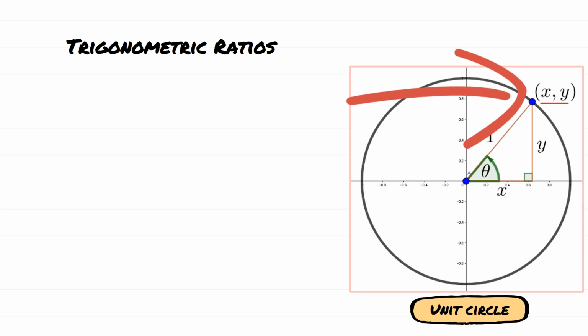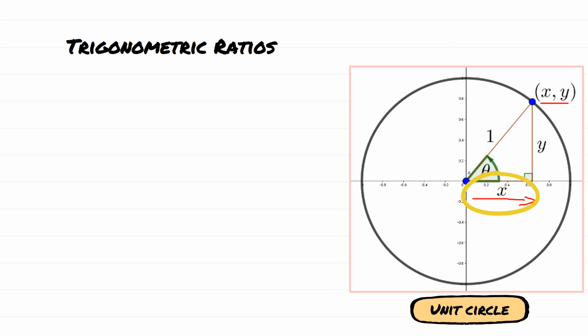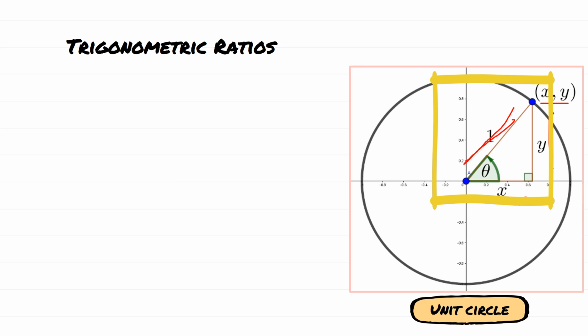Meaning, from the origin, that's x units to the right and y units above. Right? Makakabuo tayo na ngayon ng right triangle using these two sides and the radius, which is 1. So yung right triangle na yan yung magiging basis natin sa ating trigonometric ratios.